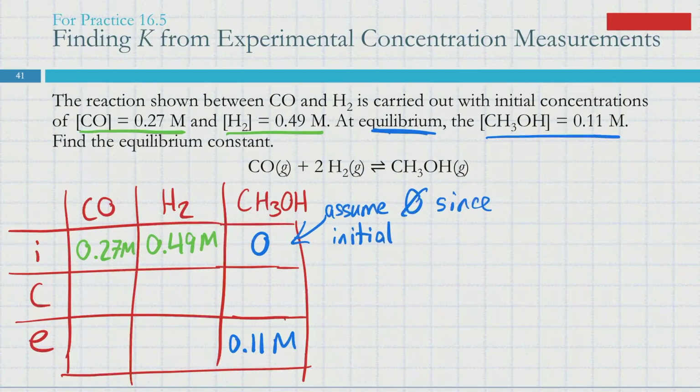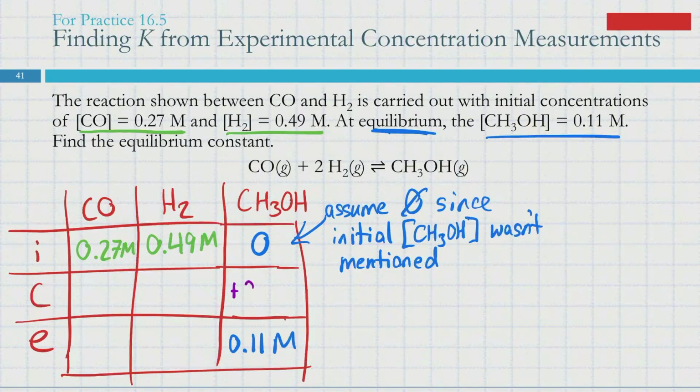So we're going to assume that it's 0 since the initial concentration wasn't mentioned. If we don't do that, then it's unsolvable. All right, so we can figure out what our change of CH3OH was.